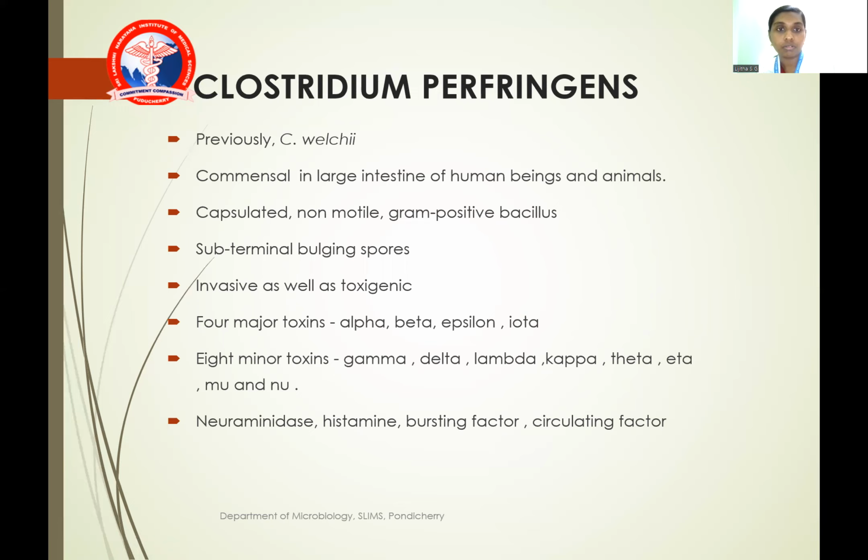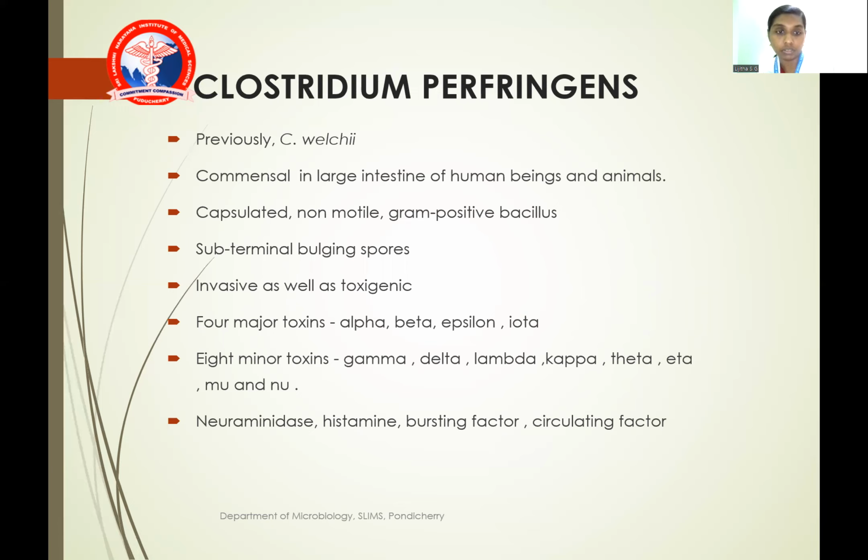Okay, so this organism produces several toxins and it produces invasive infection as well as it is toxigenic. It produces 4 major toxins, which are termed alpha, beta, epsilon, and iota toxin, and 8 minor toxins: gamma, delta, lambda, kappa, theta, eta, mu, and nu.